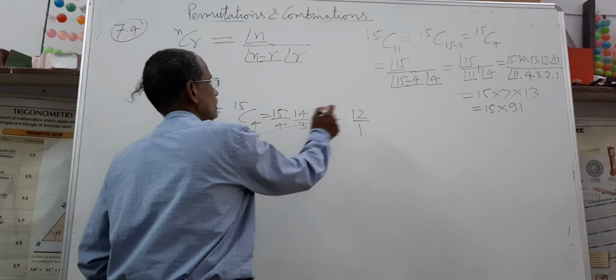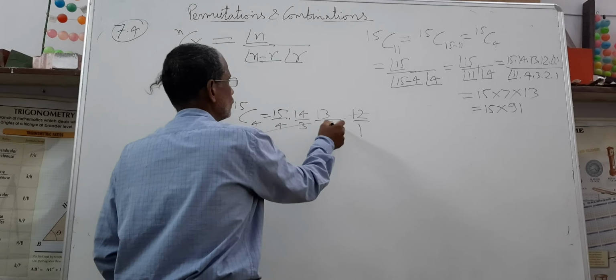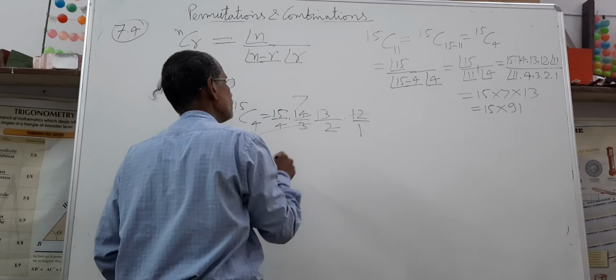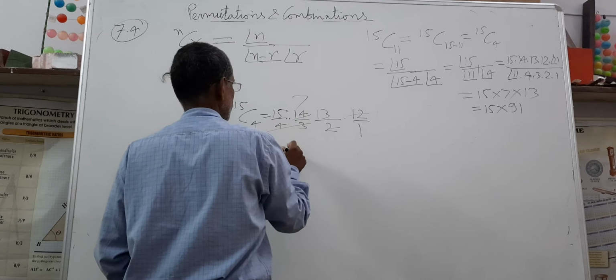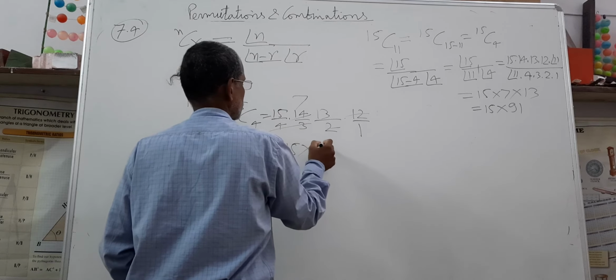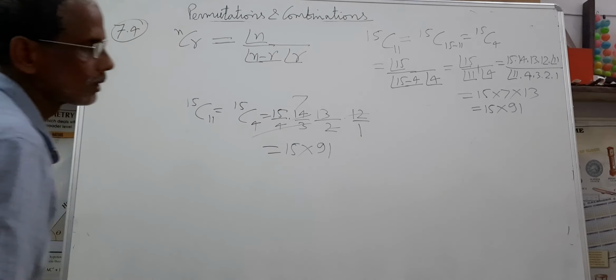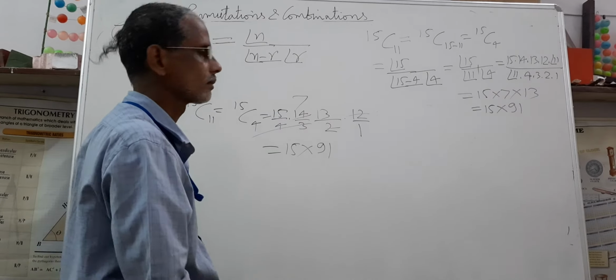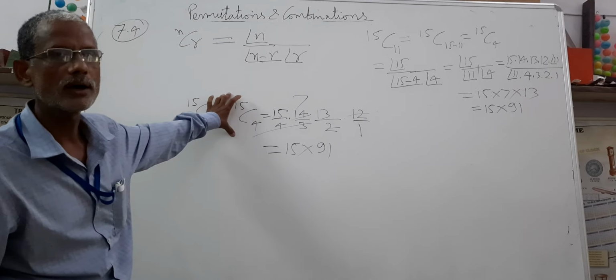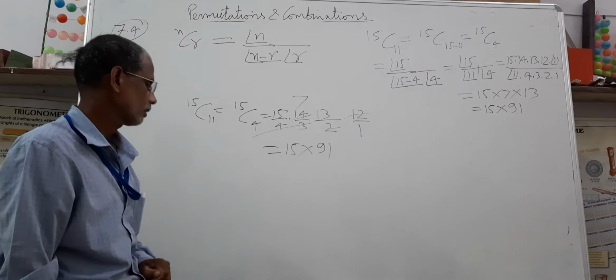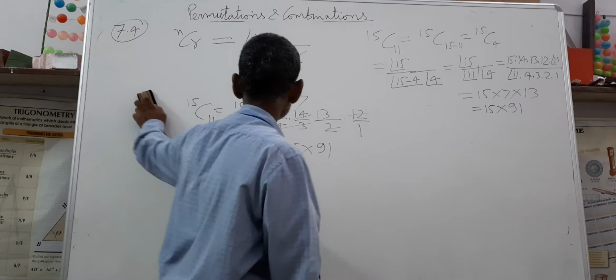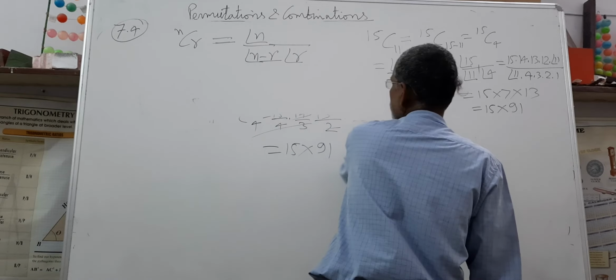Again 4 times 3 cancels 12, 2 times 7 is 14, so it is equal to 15 into 13 into 7, that is 91 times 15. Same value. This becomes short. Now proceed to the question.